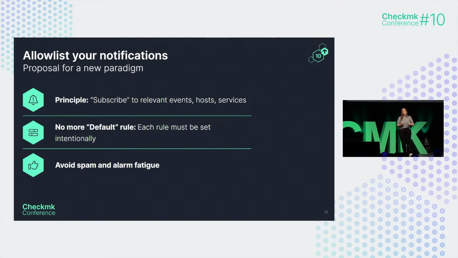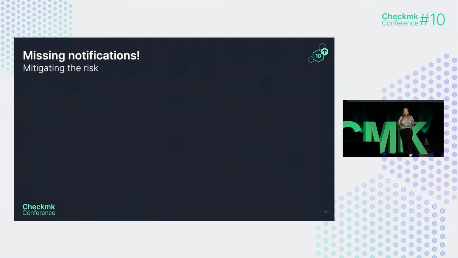But let's be honest, there's also a certain risk involved with that. It's missing notifications, so that you do not get a notification about something important that you should have gotten one, just because you didn't include it in a condition or something like that. We thought about 3 ways how we could address that.